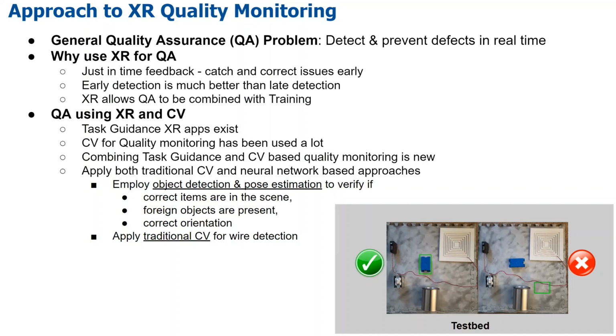Because when you have a worker wearing an XR device, the multimodal assistant can provide just-in-time quality feedback, which enables the worker to catch and correct defects early. Clearly, early detection of defects is much better than late detection. Another very important benefit is that XR allows quality assurance to be combined with employee training and onboarding.